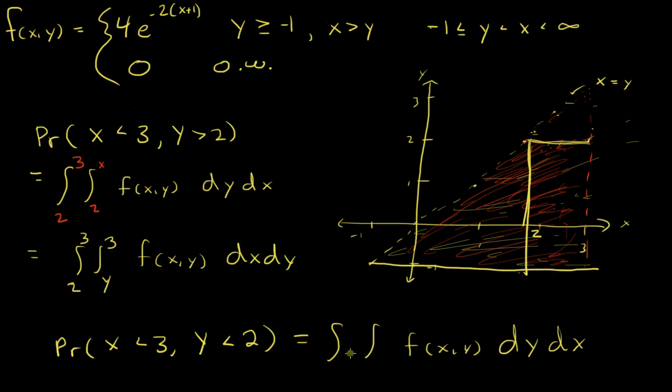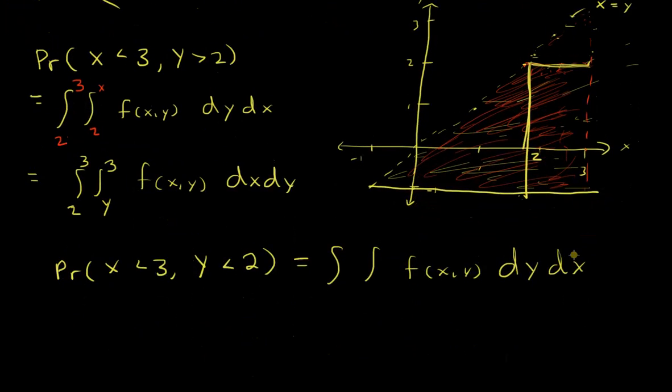And because of the addition rule for integration, I can integrate over this area, and add that to the integral over this area, and that'll be the total. That's the same as the integral over this total area. So you would definitely want to take advantage of that property of addition for integration.